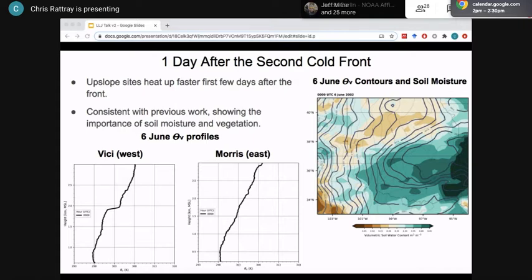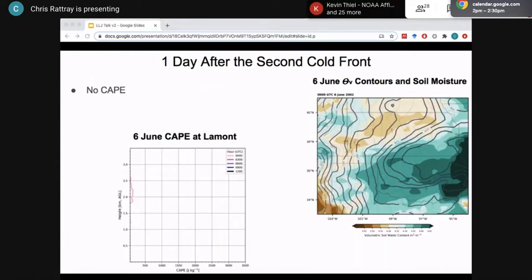And we see evidence of the gradient along the slope occurring further up in the panhandle. However, there's still not much of a difference between the western and eastern sites, as we can see in the profiles of theta V. And then this is showing a vertical profile of CAPE, and we see that there's no CAPE.